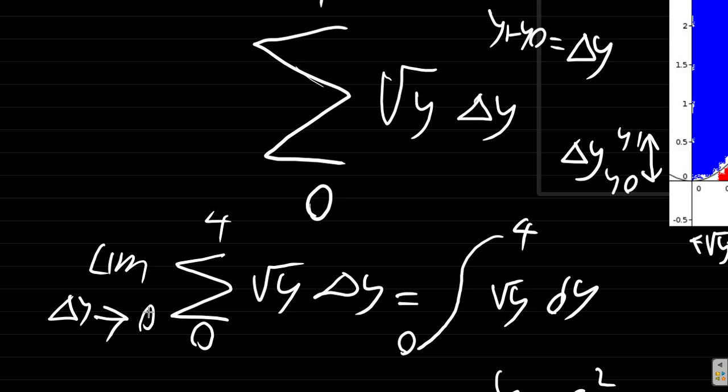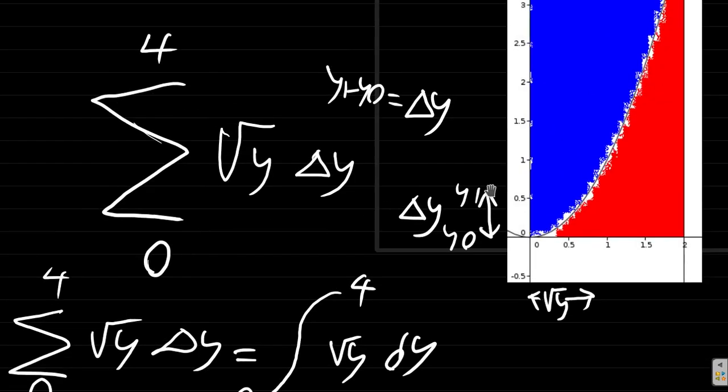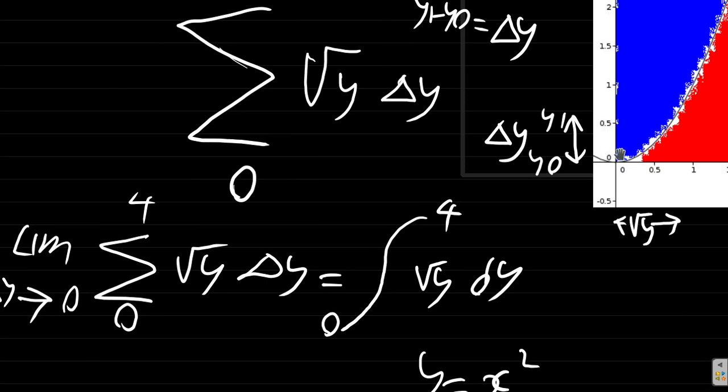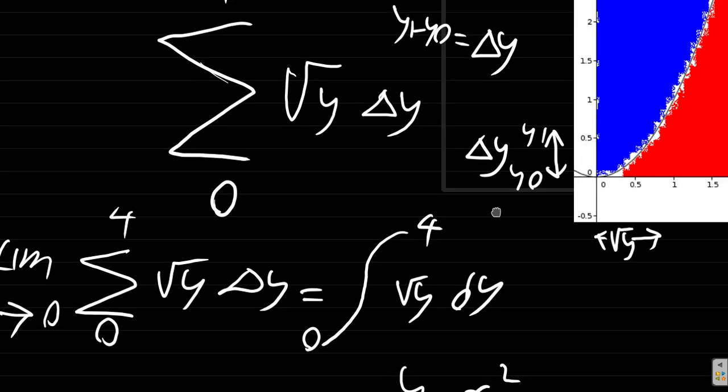Alright, the limit as delta y approaches 0, that means as the height of each approaches 0, because you're using more and more rectangles or trapeziums approaching infinity, the limit from 0 to 4 of square root of y delta y is equal to the integral from 0 to 4 of square root of y dy.